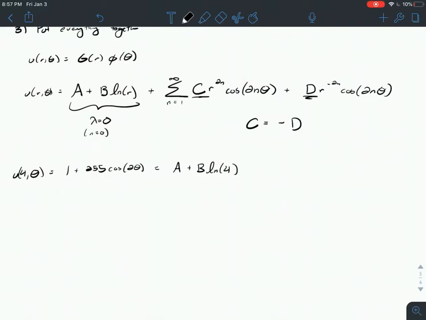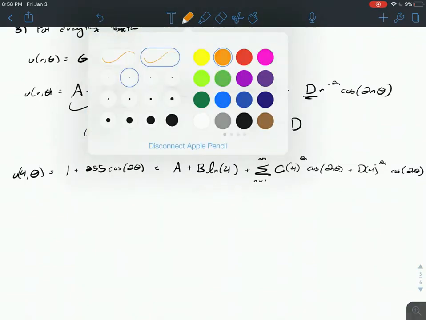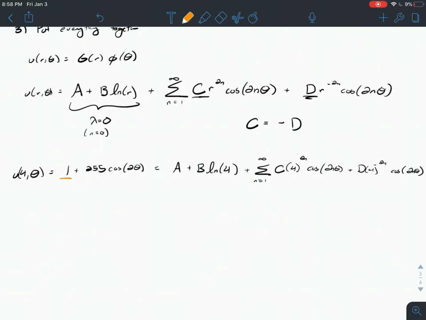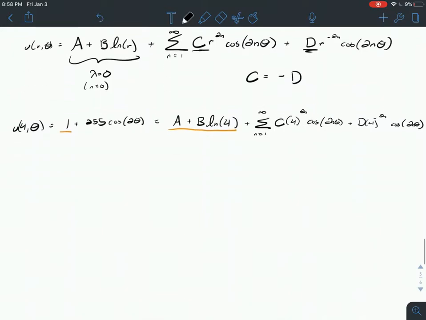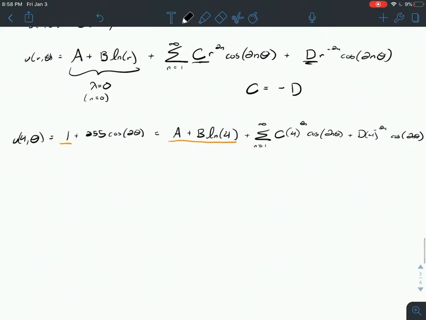So a plus b natural log of 4 plus summation n equals 1 to infinity of c 4 raised to the 2n cosine 2n theta plus d r to the negative 4 times cosine 2n theta. Okay? So this constant term on the left-hand side, which I'm going to underline in orange, and these lambda equals 0 terms are closely related to one another.